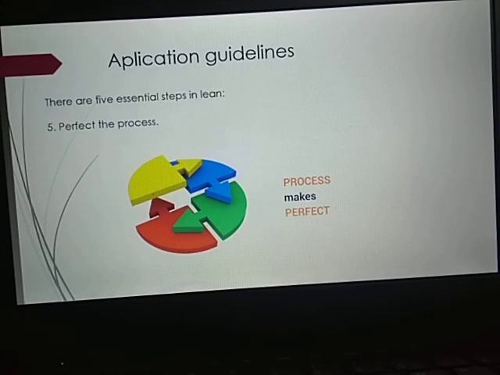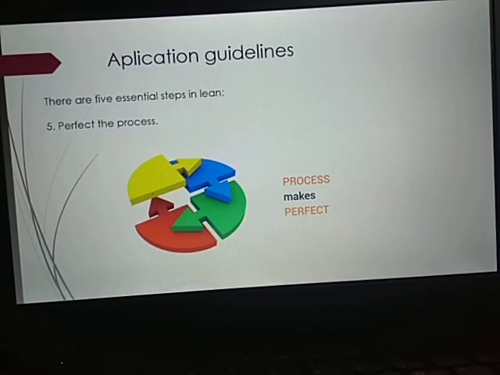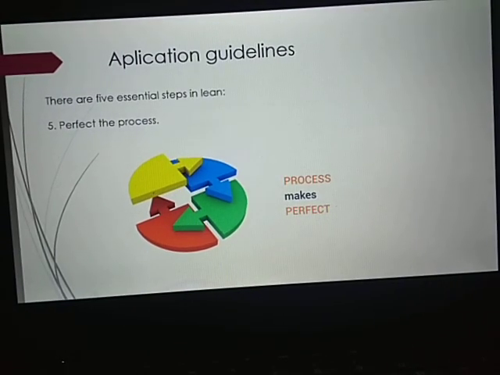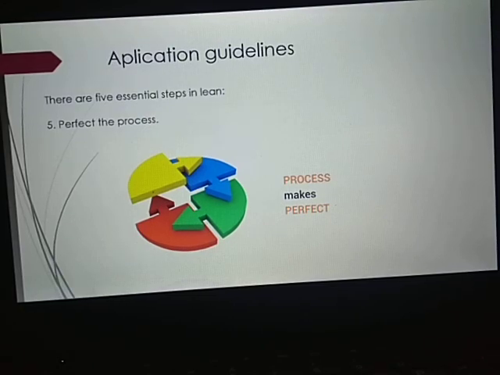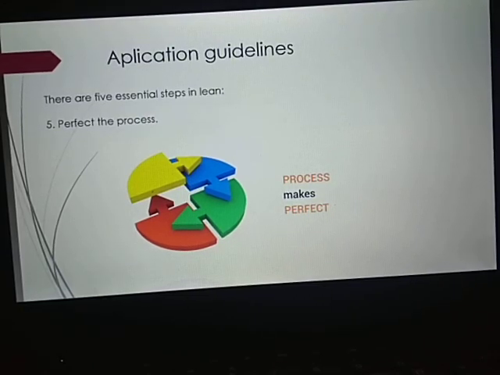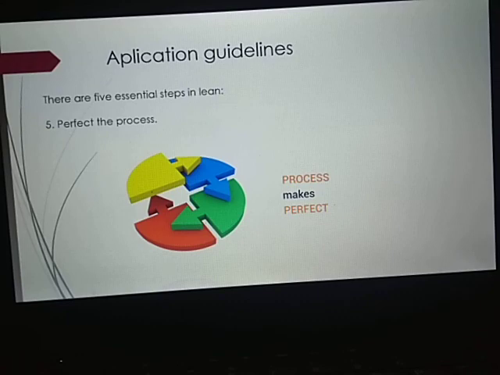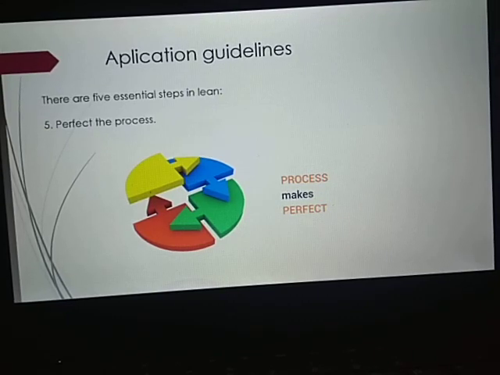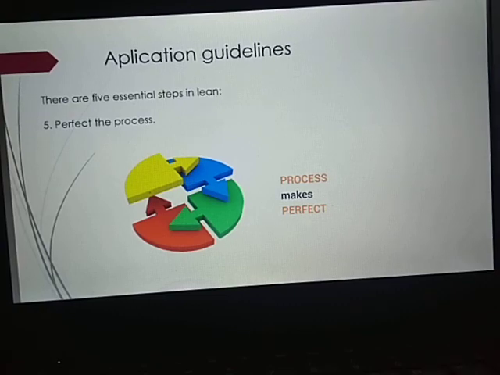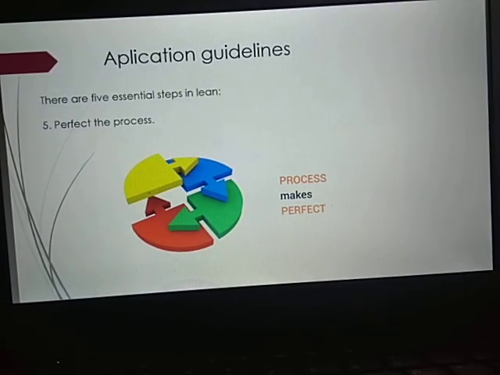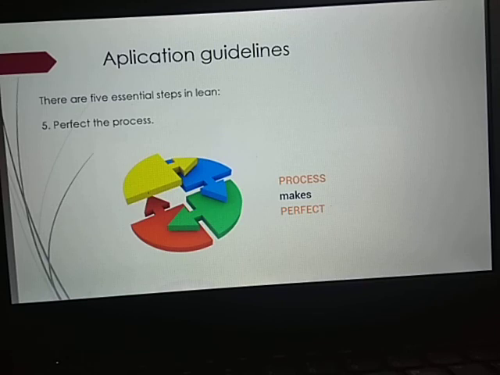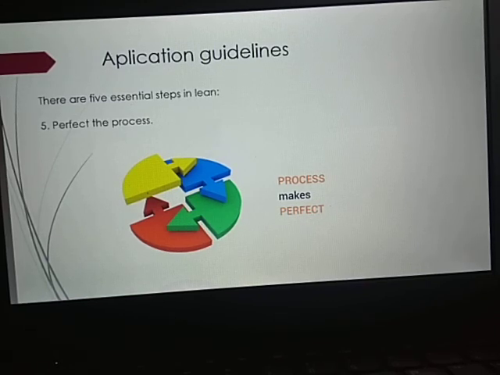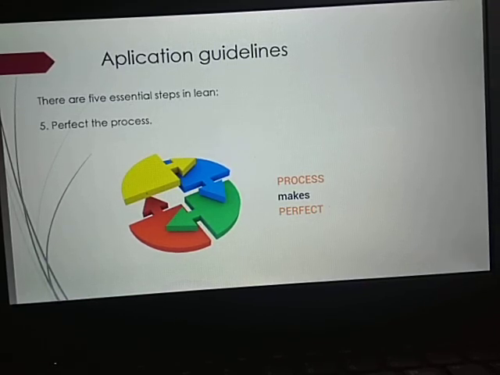And the last step is perfect the process. This effort is the repeated and constant attempt to remove non-value activity, improve flow, and satisfy customer delivery needs. While Lean focuses on removing waste and improving flow, it too has some secondary effects. Quality is improved.